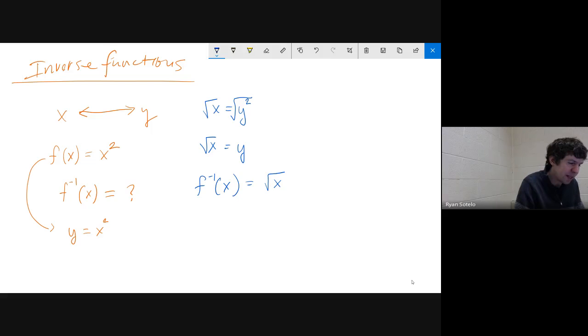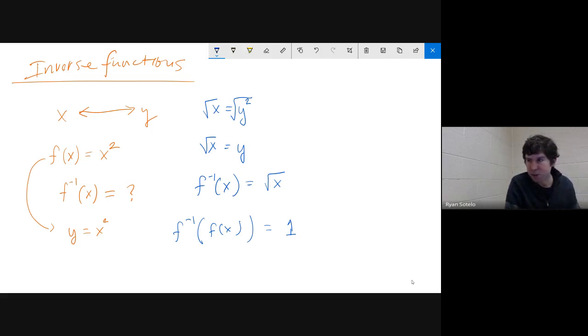What does it mean that this is the inverse function of x squared? Well, it means if you perform a composition of my original function, what ought to happen is you should get the multiplicative identity operator, which is 1.